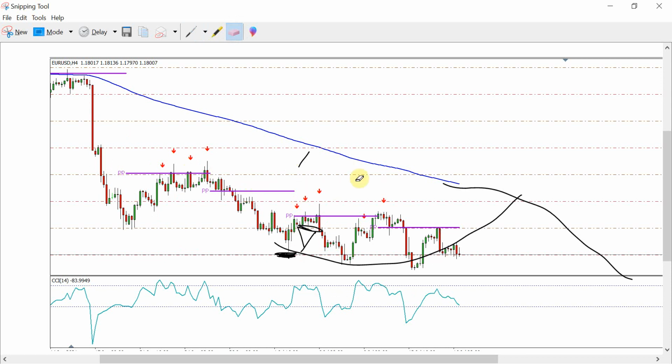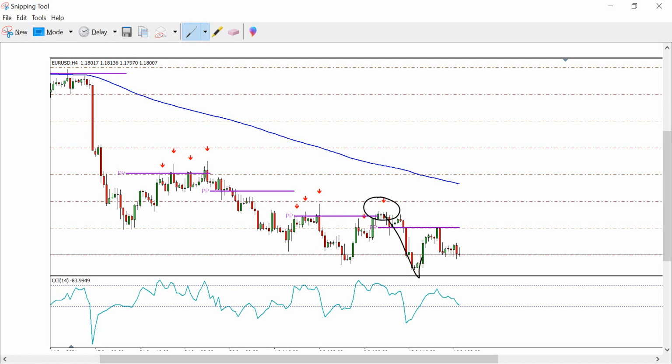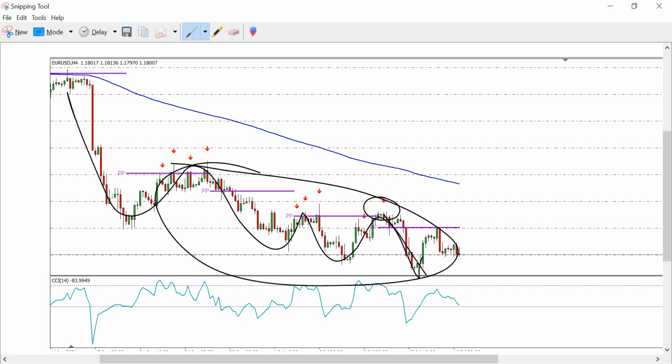That's why at this point I'm not convinced by that one, even though the trades did actually work out, and this trade in particular also worked out nicely. But you can see here that we are starting to get a loss of momentum, and at the same time the CCI is not really making any new lows.